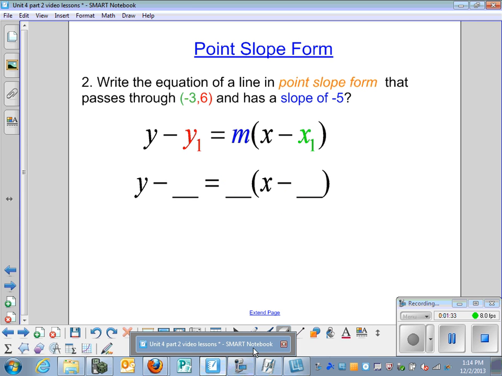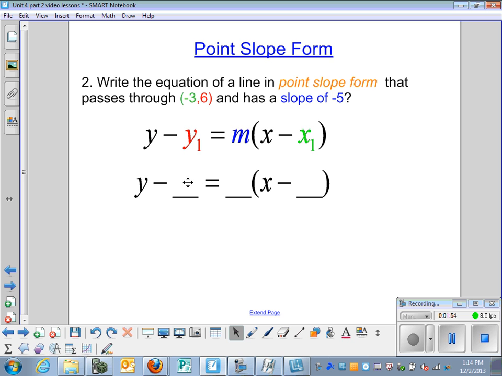Alright, point slope form. Write the equation of a line in point slope form that passes through (negative 3, 6) and has a slope of negative 5. So here is our formula for the point slope form: y minus y1 equals m times the quantity x minus x1.